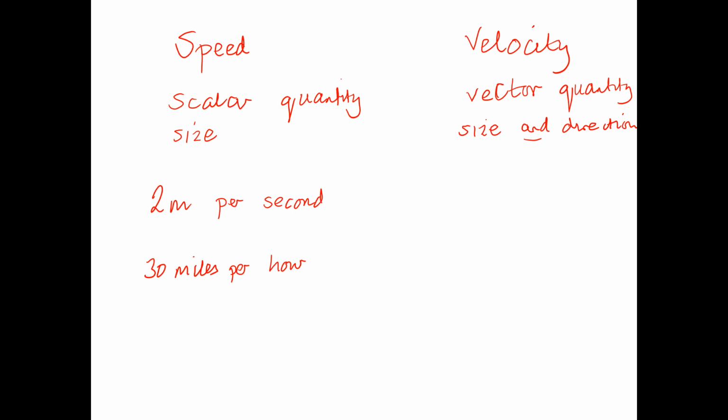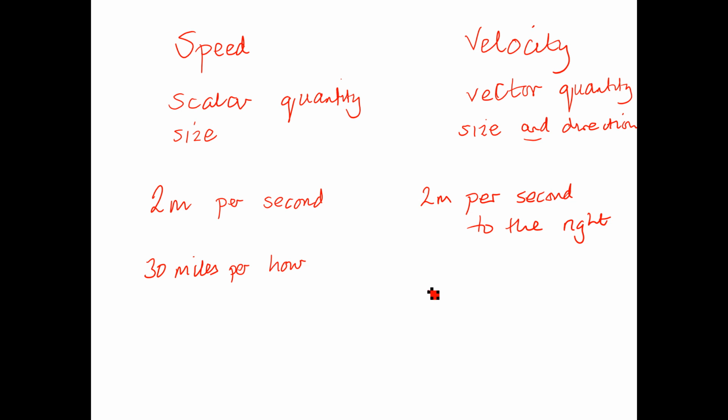So, if we're moving at 2 meters per second to the right, that would suggest a velocity because we have our speed, 2 meters per second, therefore the size, but we also have our vector quantity. Now this is where it gets a little bit weird, just bear with me. So we can say we are moving 2 meters per second to the right.